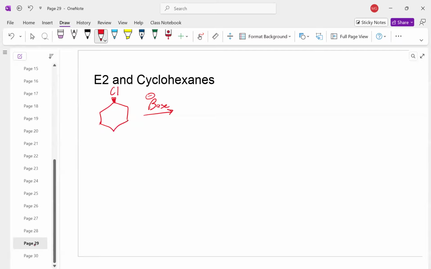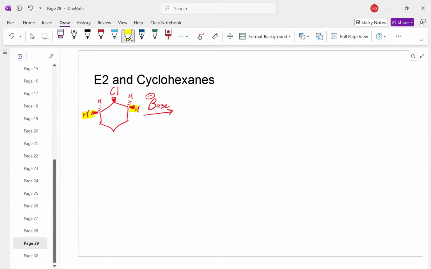Now, if I look at this chlorine, and remember that with cyclohexane, I'm not going to draw the chair conformations, but remember that the axial and equatorial positions, the up and down, are not exactly the same. So for these beta hydrogens, I'm going to draw all four of them in. Normally we wouldn't care because you can rotate a carbon-carbon bond, but here it does matter because we cannot rotate these carbon-carbon bonds. And so technically, I have four beta hydrogens.